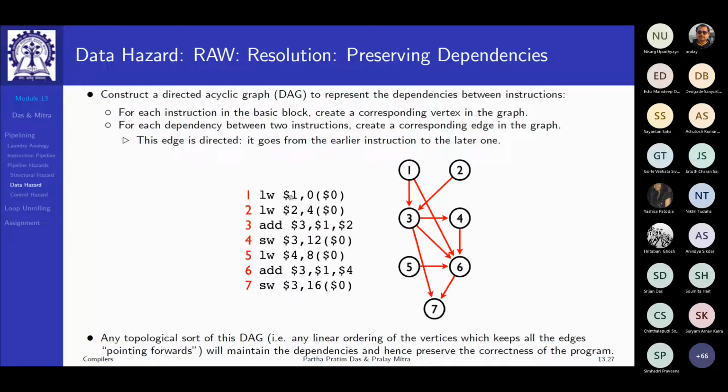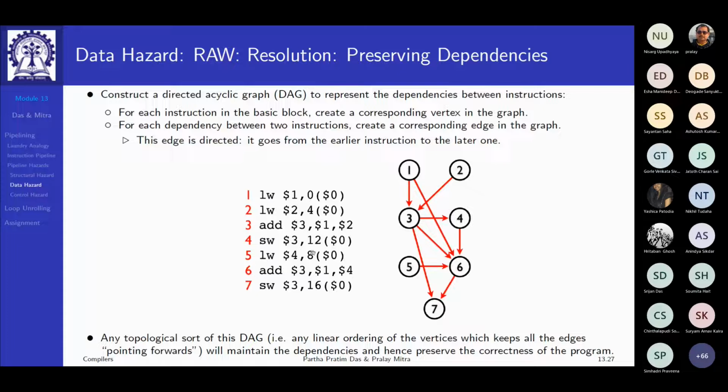Let's see where all $1 occurs. $1 occurs in instruction 3, where it is being read, and in instruction 6, where it is being read. So what you load in $1 in instruction 1 is being read in instruction 3. So I add an edge from 1 to 3. Similarly, I add an edge from 1 to 6.